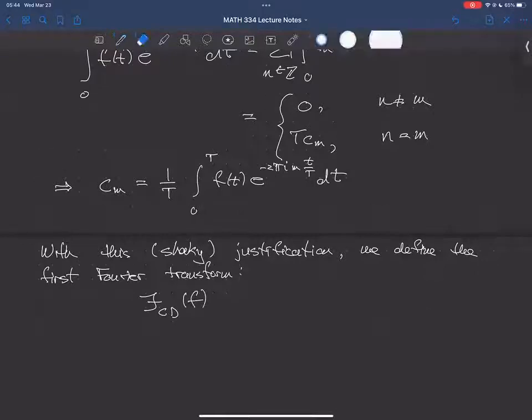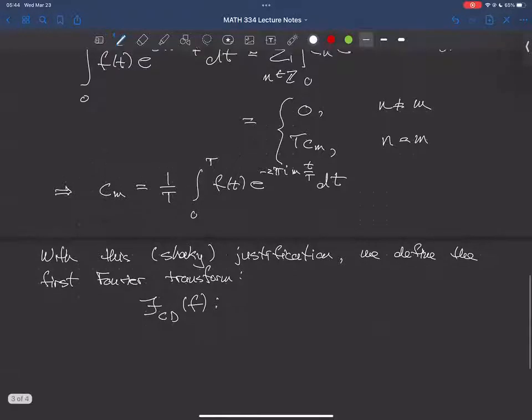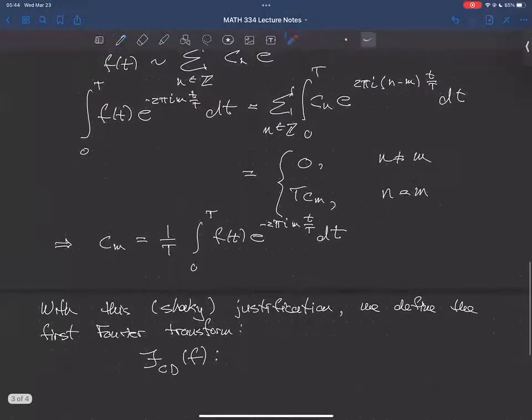And then it's going to evaluate it. So first, let me write this with a proper domain and a codomain. Where should F live in order for me to be able to calculate this?